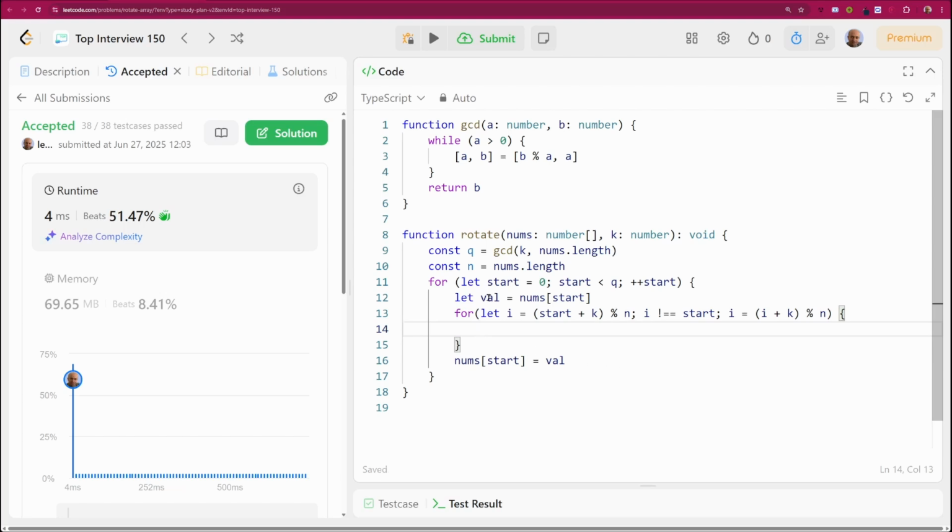So val contains the previous value. So I have to swap val and nums I, right? Nums I. Yeah, those two things have to be swapped. And to do that, basically what I will do is I will say value, nums I assign nums I, value, right?